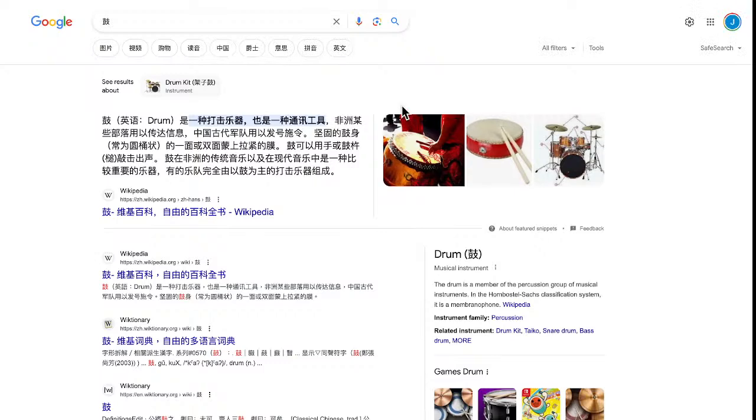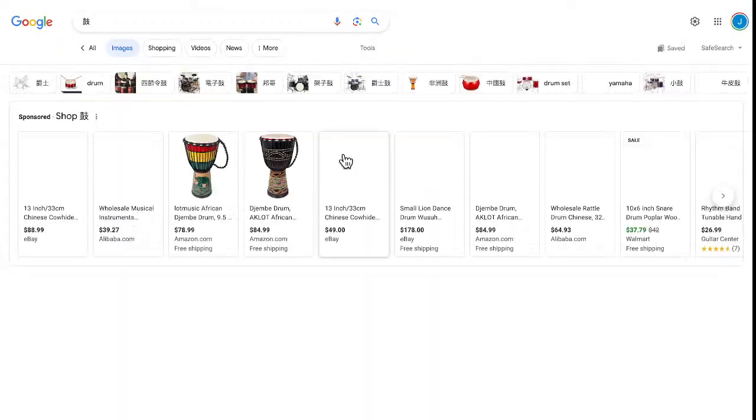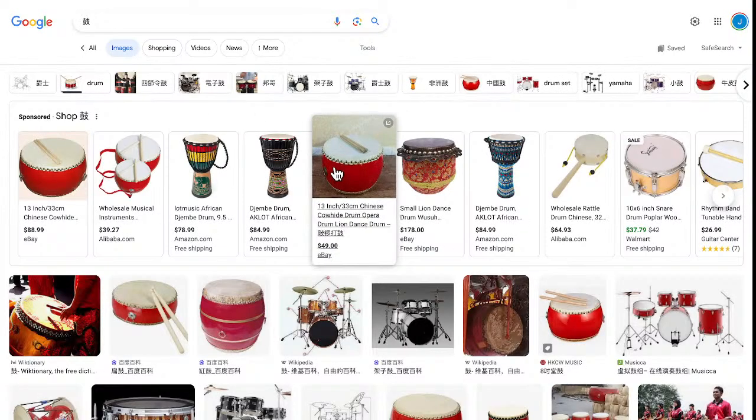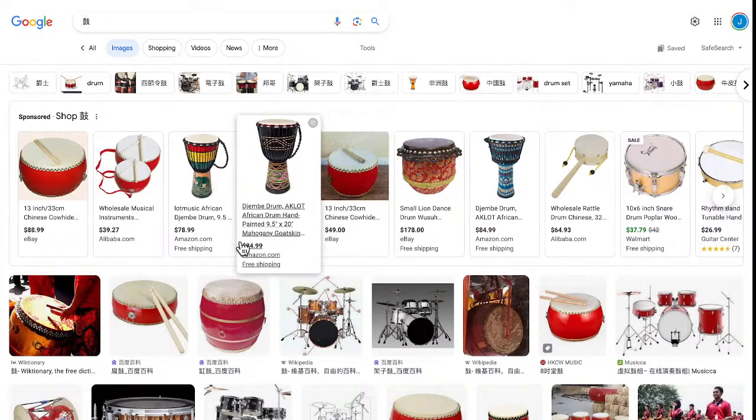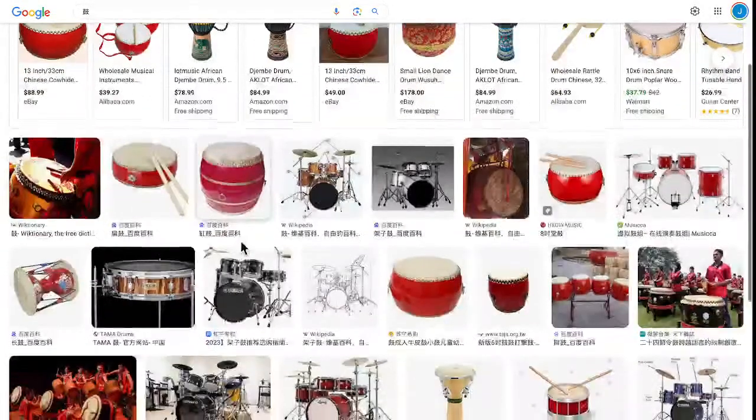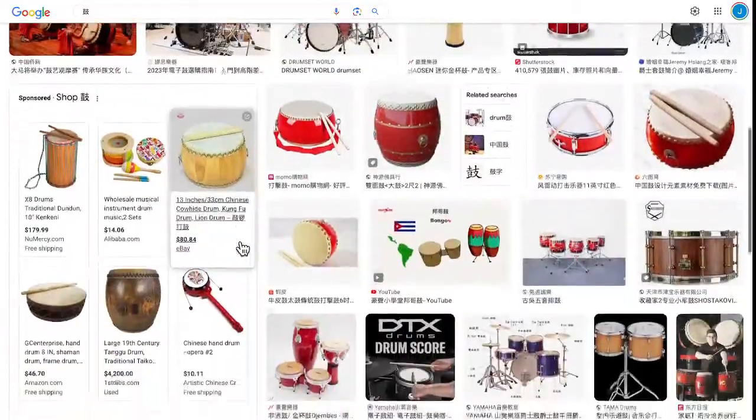Okay, in ancient China, the Chinese drum literally looks very like that. Those are modern ones.